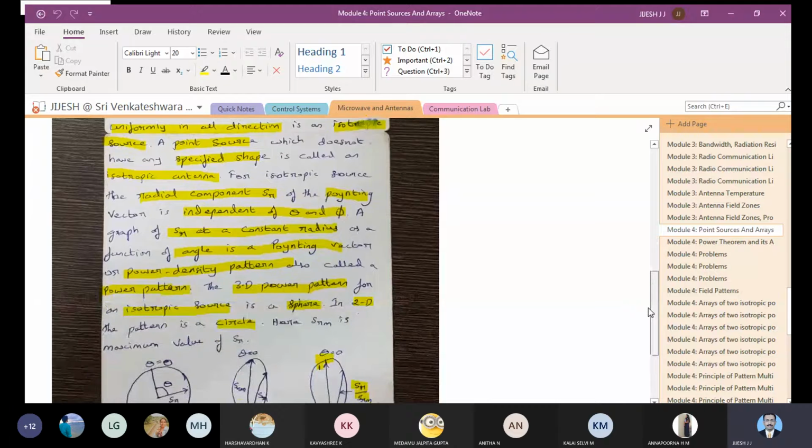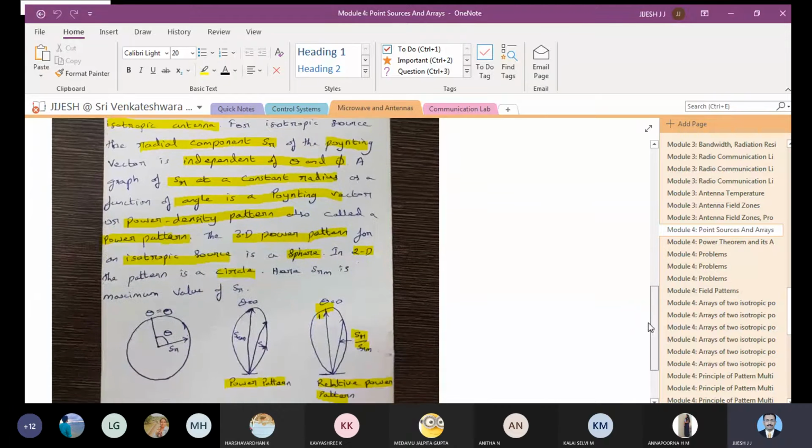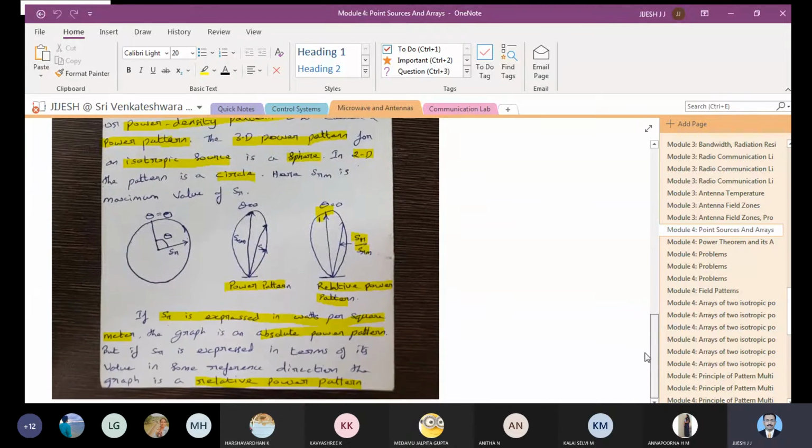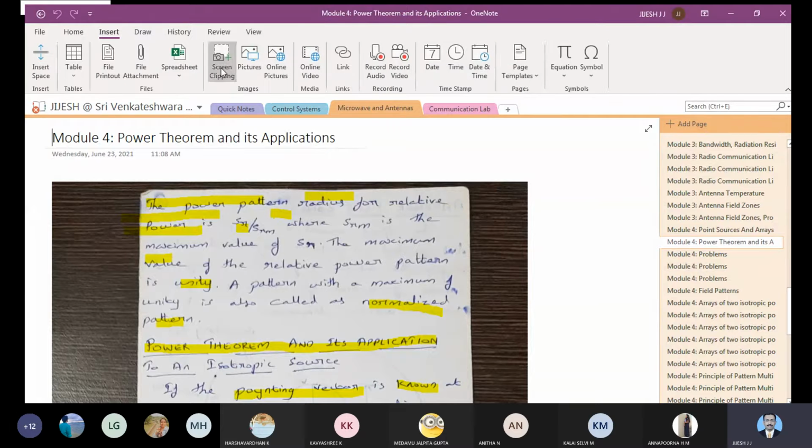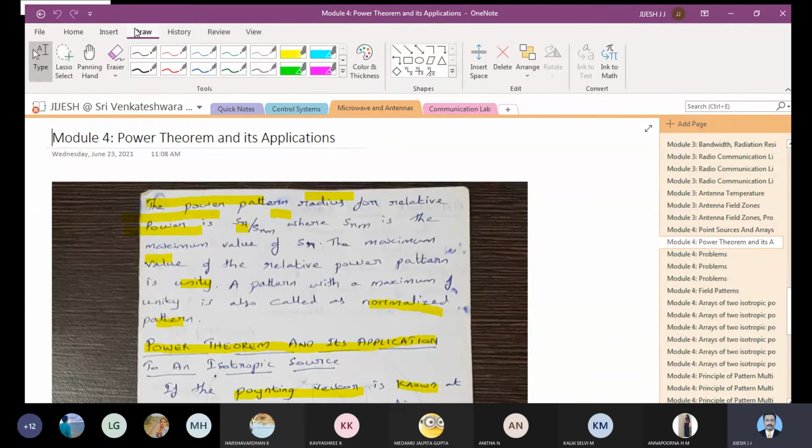Here we discussed the power pattern, and we have also seen the relative power pattern and normalized pattern as well, where you are taking the normalized value. Here you have divided by its maximum value to get the relative power, so you have taken SR divided by SRM.